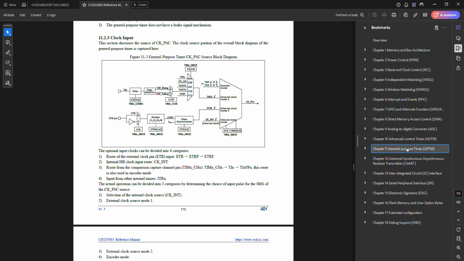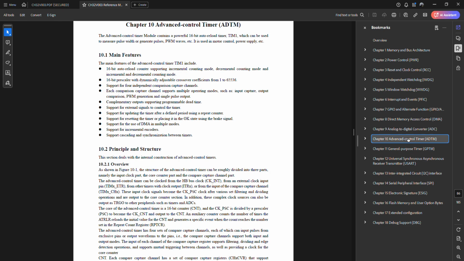There are a lot of things that are common between STM32s and this CH32. In fact, I forgot to mention in my last video, the CH32F103 is just a direct derivative of the STM32F103. It's very, very similar.